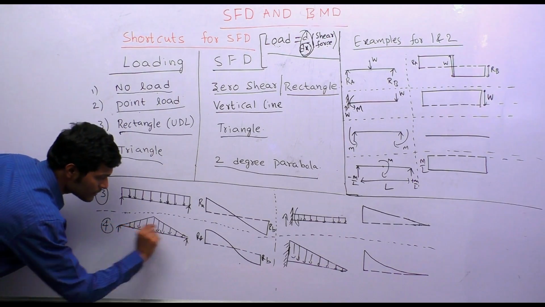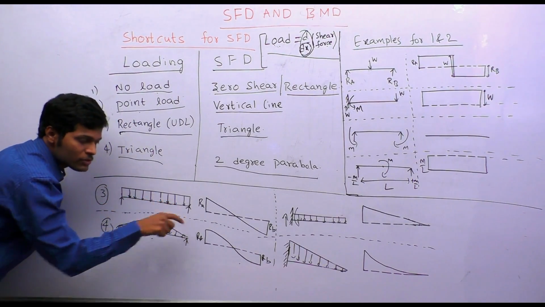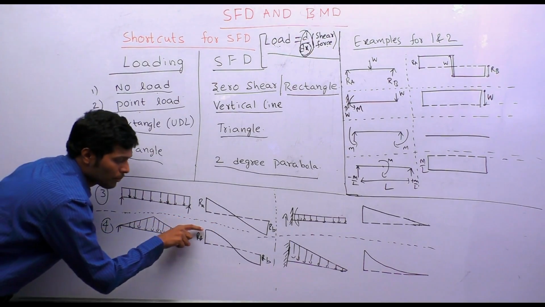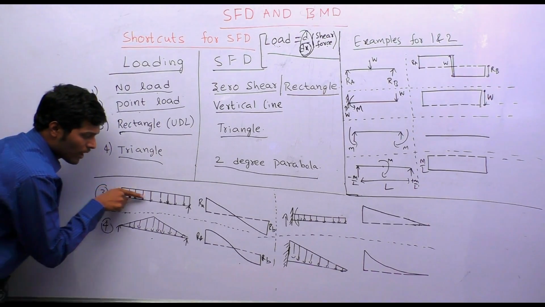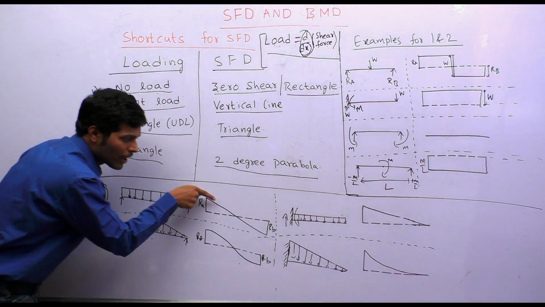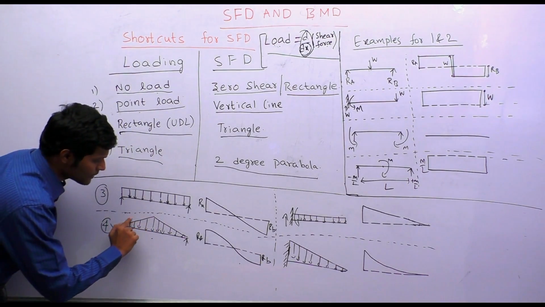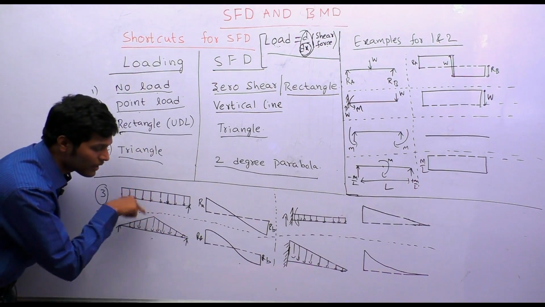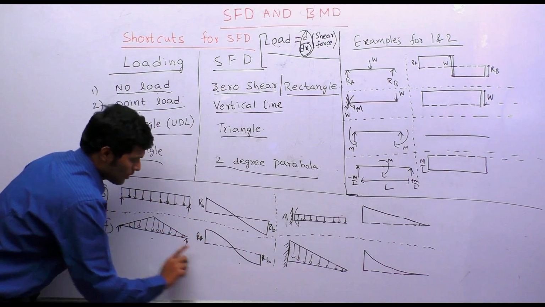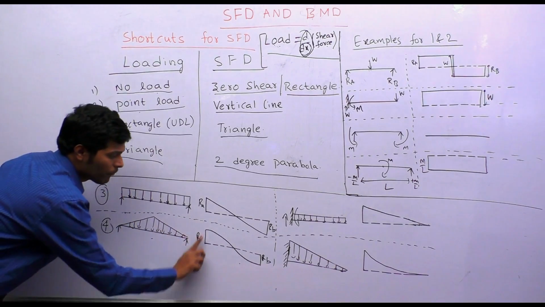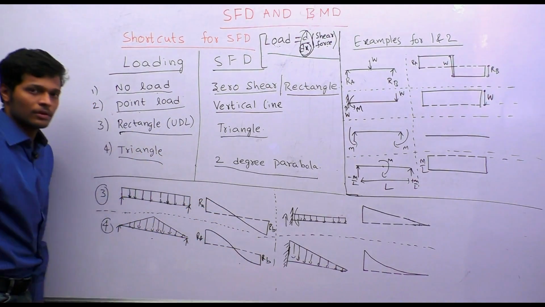Throughout the length, the load value is downward, which means the parabola will be falling continuously. Here also we can see the load value is downward throughout, so it will be falling continuously. So here it is a triangle and it is falling, which means it is a parabola and it is falling. So initially we will have a reaction upward and then a falling parabola and then reaction upward.